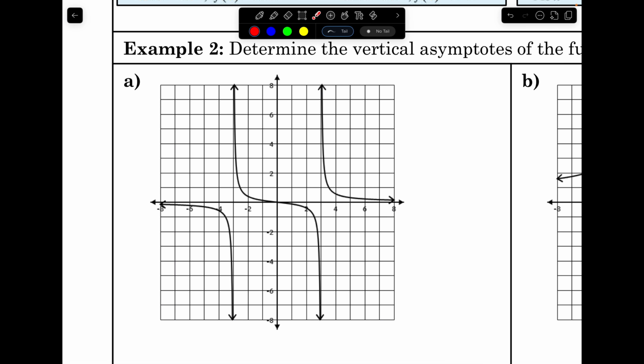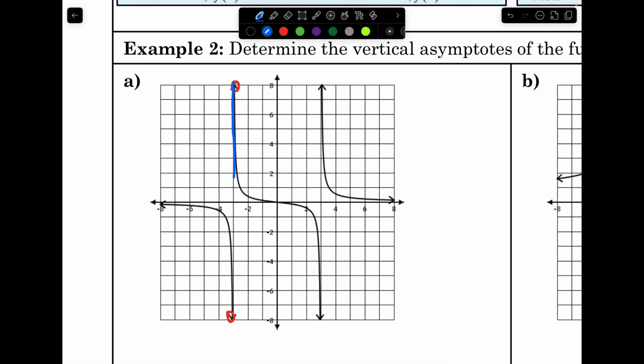So we want to look again and see where the graph has this behavior. It's approaching this vertical line, and the graph is either going up to positive infinity without bound or down to negative infinity without bound, whether it's from the left or the right side of that vertical line. Like in example 2a, hopefully you can see that this end and this end are decreasing and increasing without bound respectively. So that means that there is a vertical asymptote.